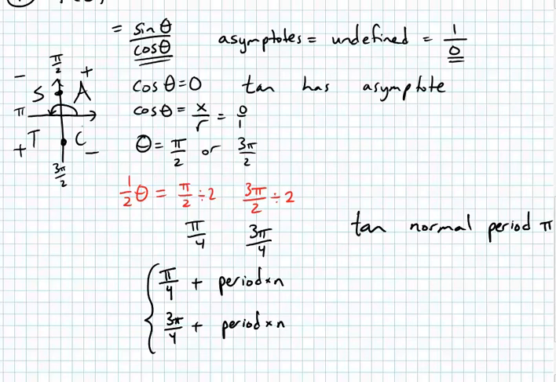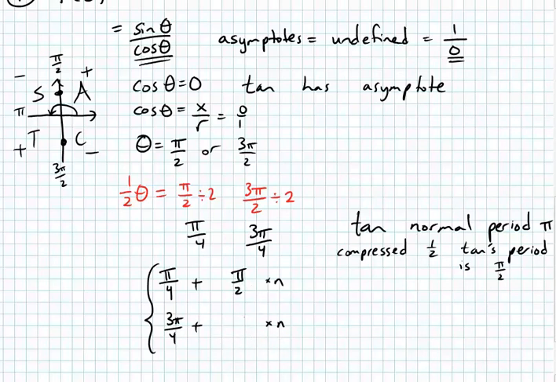So after going through pi, the pattern repeats, positive, negative, and then positive, negative. So if I compress it by 1/2, the period would also get compressed by 1/2 and become pi over 2. So I'm going to take the period and I'll write pi over 2.